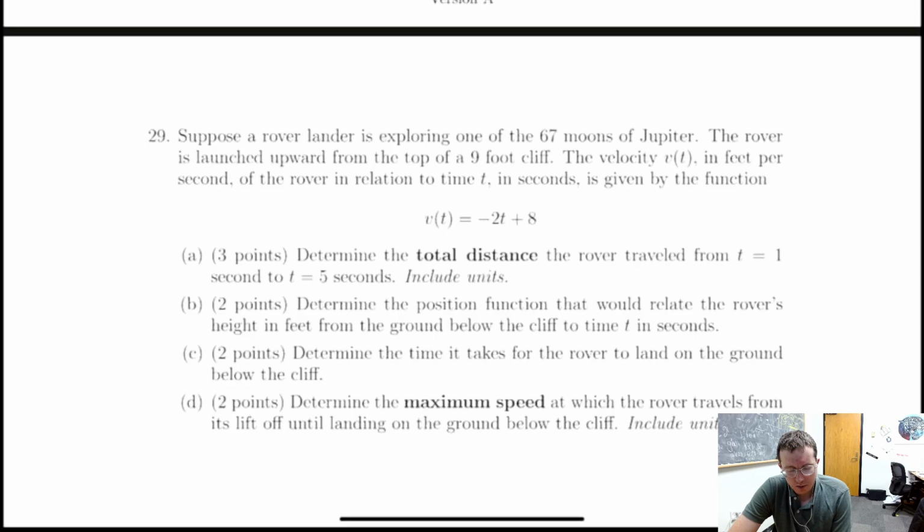Okay. So the rover is launched upward. There is definitely gravity on all of the moons of Jupiter, even if it's less than the gravity we have on Earth, so it's a pretty safe assumption that the rover is going to fall back down to the ground. So it's going to go up, and then it's going to go down, and that means to find the total distance, I'm going to have to think about how far it goes up, but also then how far it goes down.